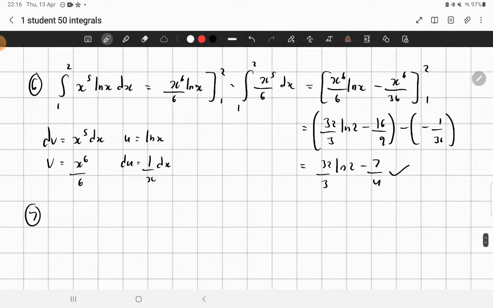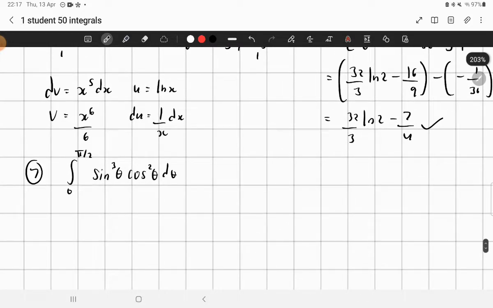Question 7 here. We have the powers of cosine and sine: the integral from 0 up until pi over 2 of sine to the power of 3 theta, cosine square theta d theta. There are many cases, but for this case, first we know that sine to the power of 3 theta could be separated into sine square theta times sine theta.